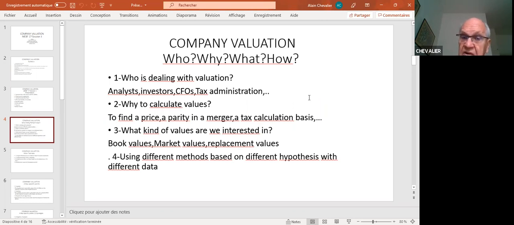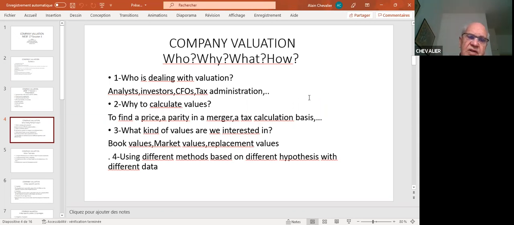CFOs are also very interested in the value of their company because the value of the company has an impact on their financial policy. And you understand that the tax administration could also be interested in the value of the company. In some countries, at least, part of the taxes are based on the values of the assets and the values of the company as a whole.